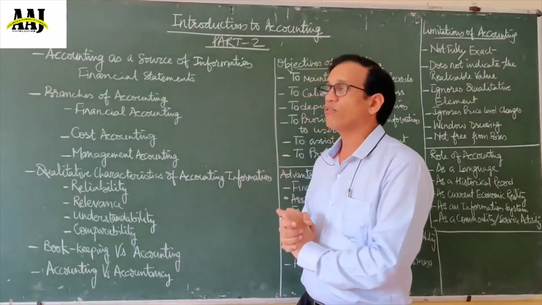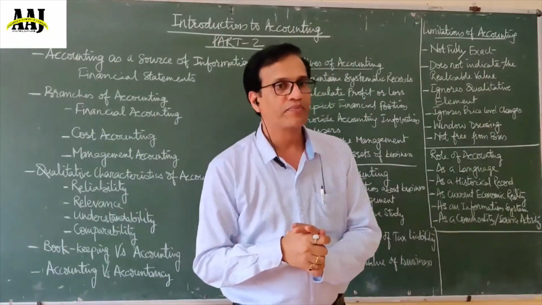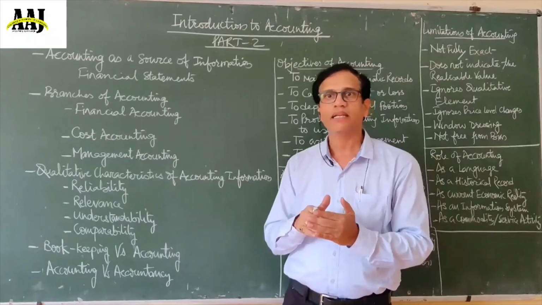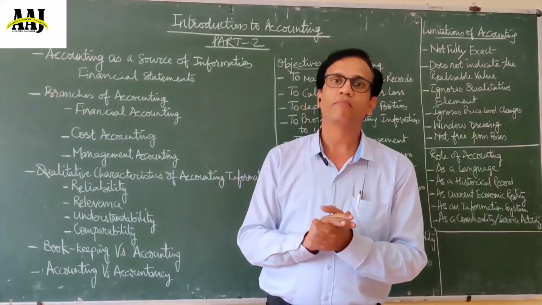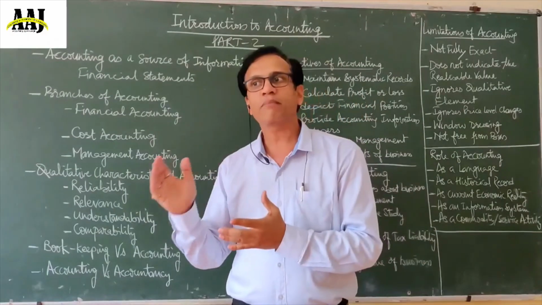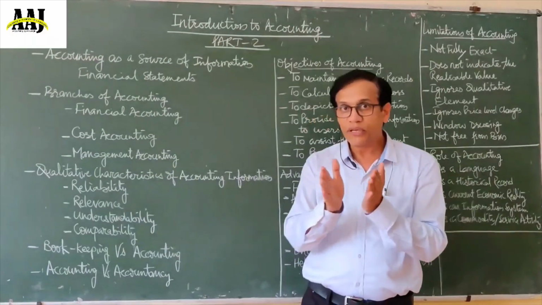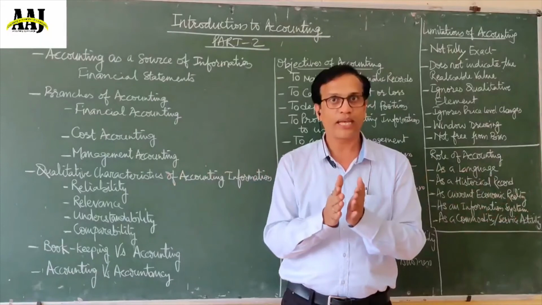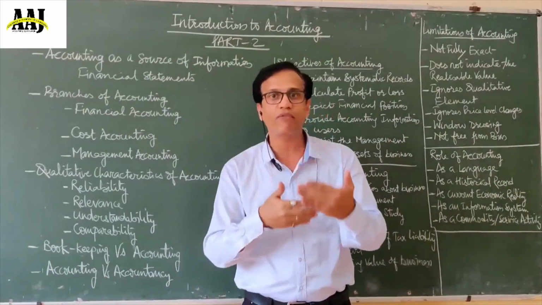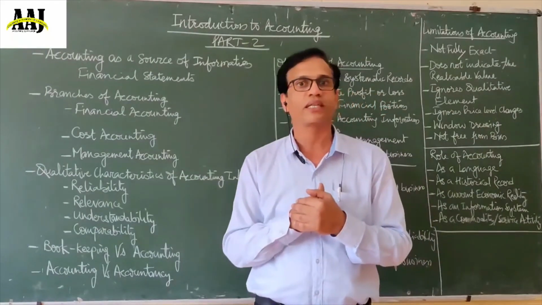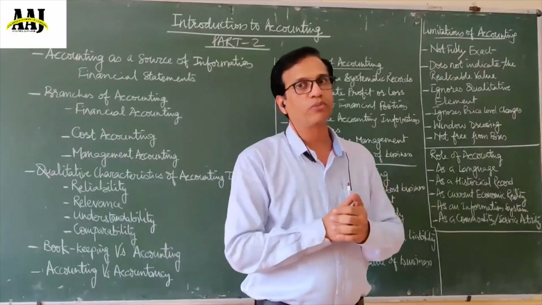To prepare these financial statements, the accounting discipline is subdivided into three branches. It is subcategorized so that the work is divided. Because when we have to reach these financial statements, we require a lot of work to be done.